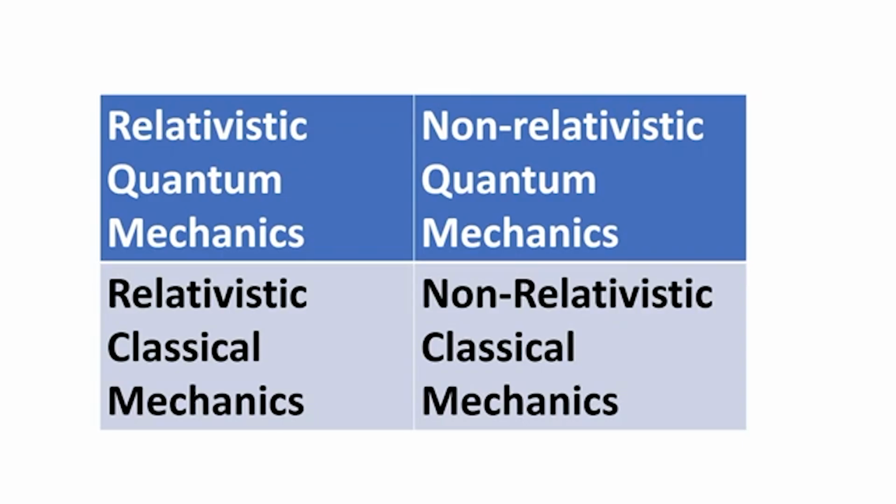At the bottom right is non-relativistic classical mechanics, the Newtonian mechanics and Lagrangian mechanics that we have learned, and relativistic classical mechanics is what we learned in the last module. That has been done in short. This is what we are going to do now, and the one in the first quadrant would be stored for later use.